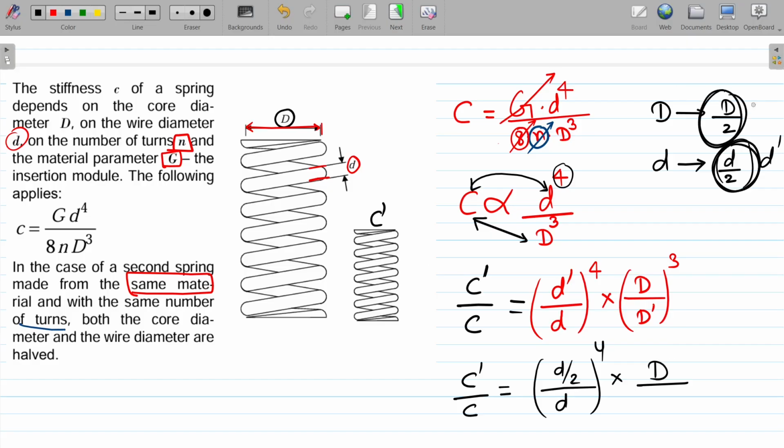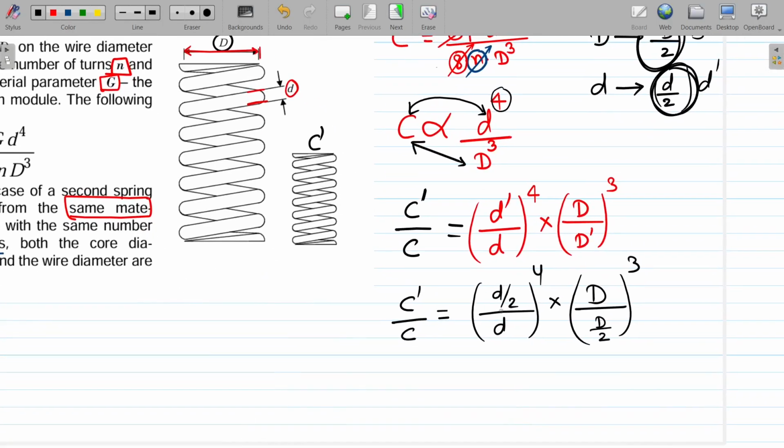So please write D by 2 raised to power 3. If you simplify, this D and D will cancel out. So we are getting C dash upon C equal to 1 by 2 raised to power 4, into, this 2 will go in numerator, 2 raised to power 3.